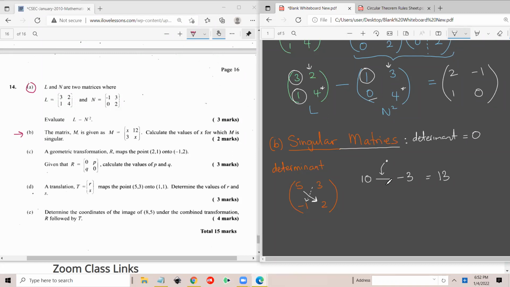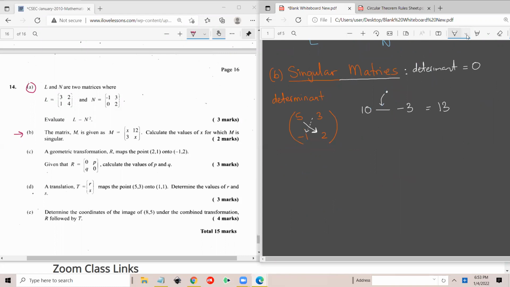It's not a special matrix they call a singular matrix. So quick question. Is the green matrix here a singular matrix? Yes or no? Work it out and find out.